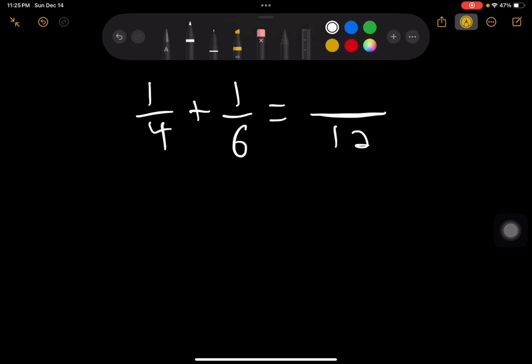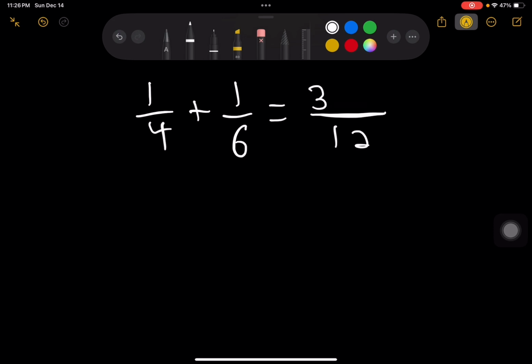But what we need to keep in mind here is the amount of multiples we had to go through for each term. So for 4, we had to go through 3 multiples to get 12. So 4 times 3 is what gives us 12. So we needed to multiply 4 3 times.